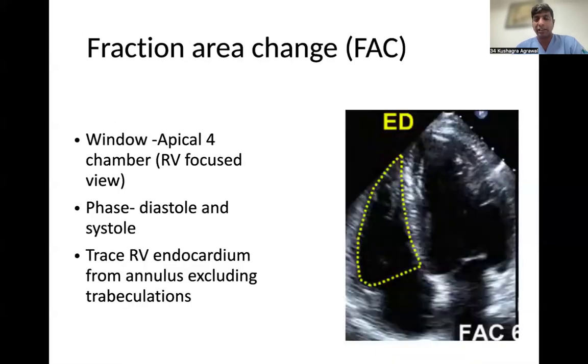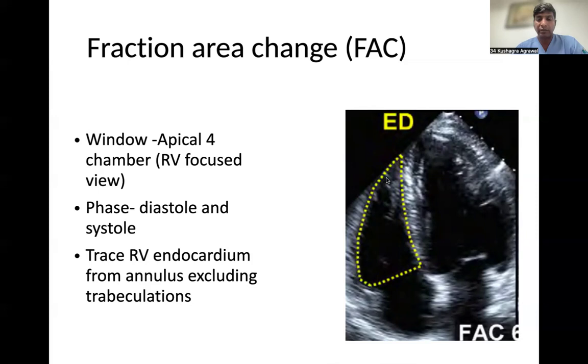Now the fractional area change. To measure fractional area change, we need an apical 4-chamber view focusing towards the right ventricle chamber. Both phases are required, diastole as well as systolic phase. In the diastolic phase, we freeze this window and place our cursor on the endocardium.